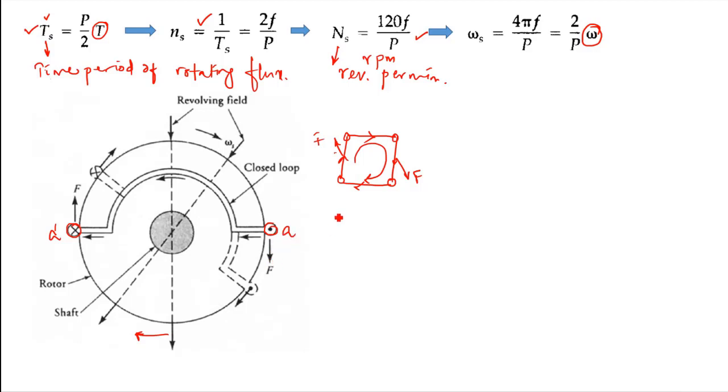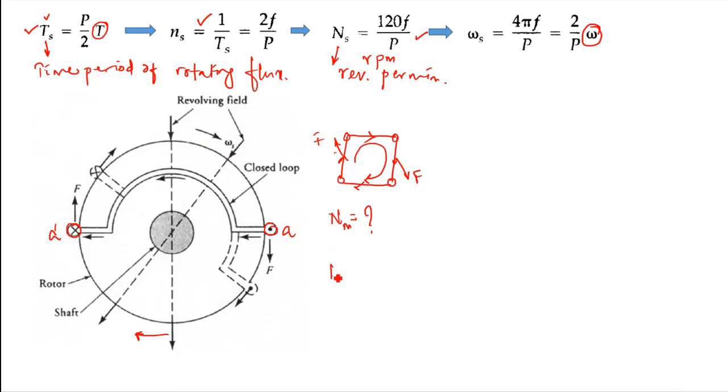Now the question is at what speed this coil will rotate. Suppose the coil achieves the speed of rotation at which the revolving field is rotating.